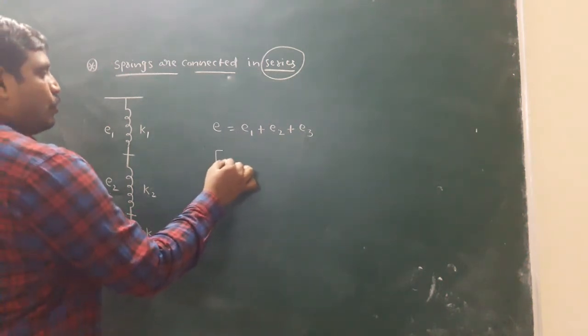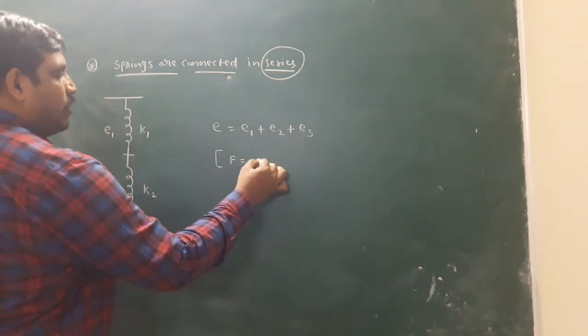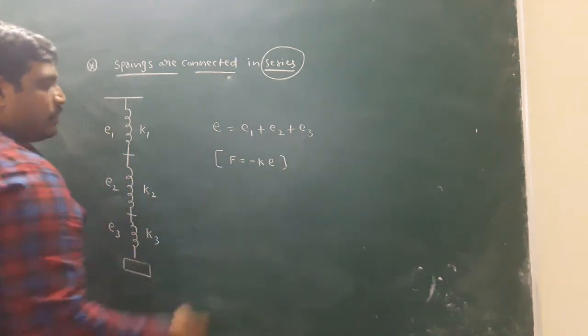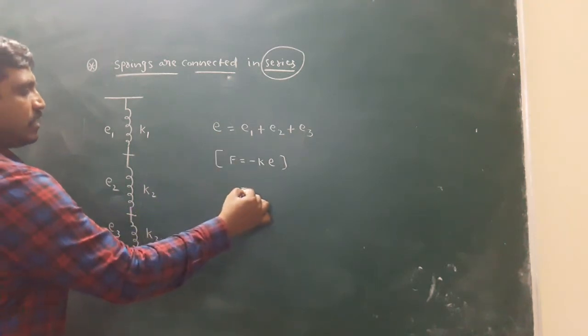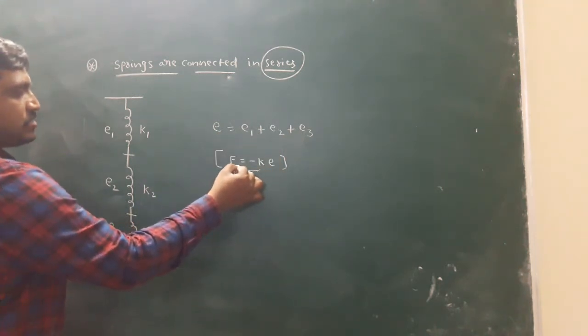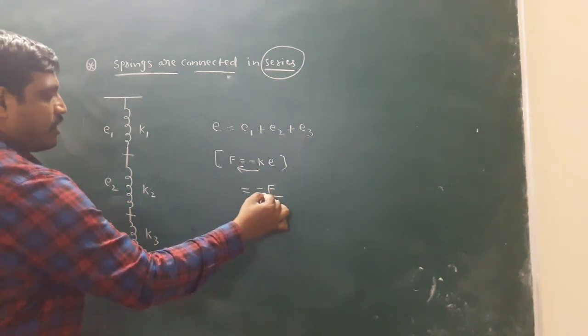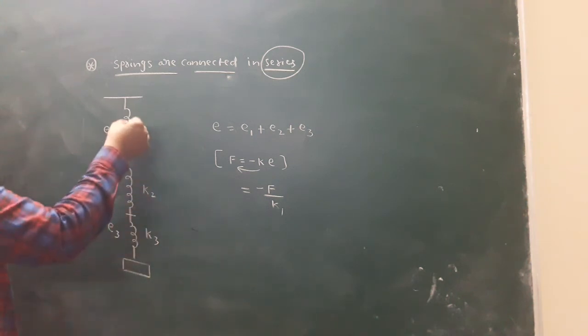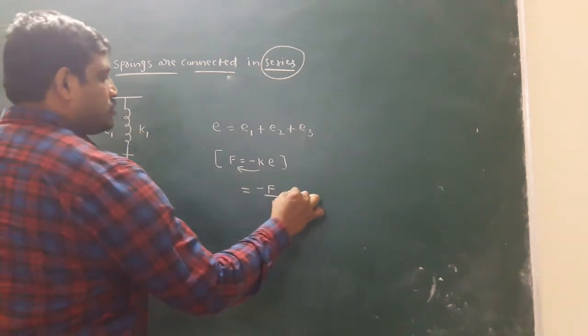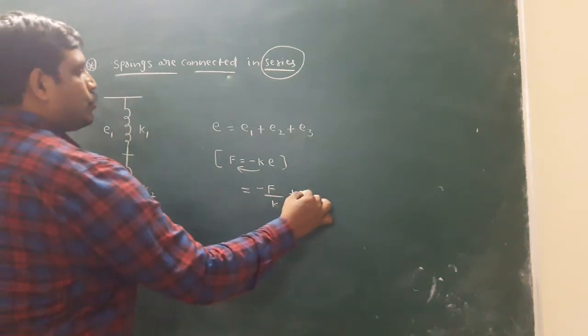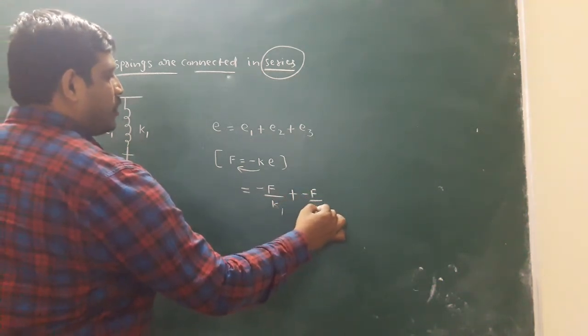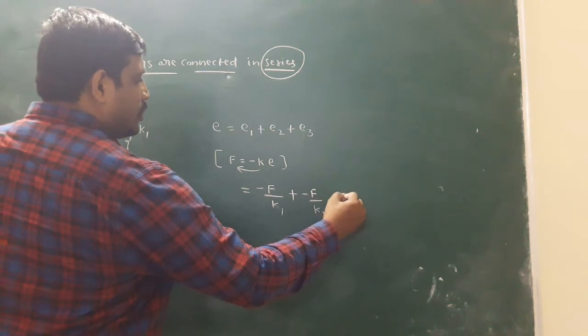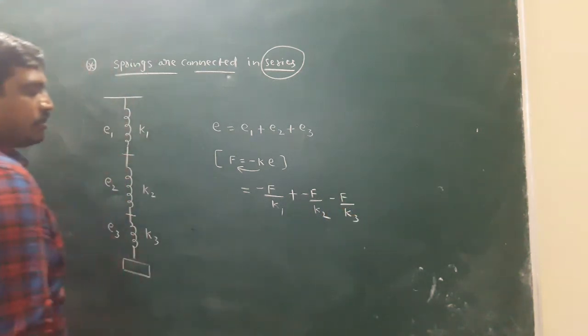We know the restoring force formula, minus KE. Here E1 is written as minus F by K1. The load is shared equally in the series combination. Plus E2, written as minus F by K2. E3 is written as minus F by K3.